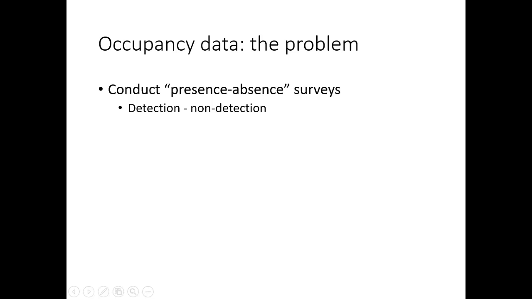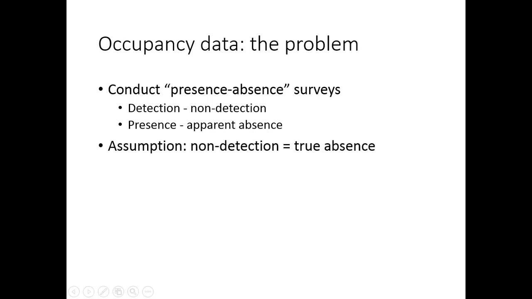The problem inherent to occupancy data involves using detection and non-detection data to infer presence-absence of a species. The presence of the species is usually not a problem, except in the case of misidentification, but non-detection corresponds to apparent absence because the species may have been present but not detected.